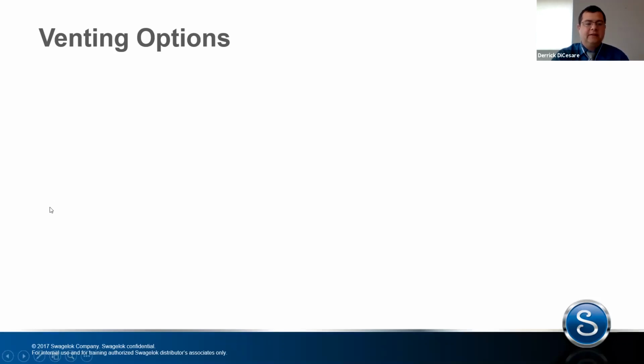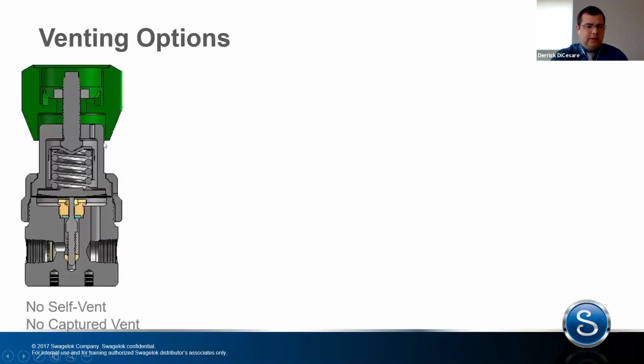Real quick, when we talk about venting, a lot of the regulators that we've talked about already, there is no self-vent and there is no captured vent as a standard from Swagelok. That means that if you were to back this handle out, the downstream pressure does not vent out of the cap. So if you have a valve here that's off and your regulator is off, as you back this handle out trying to relieve this pressure, it won't do that.